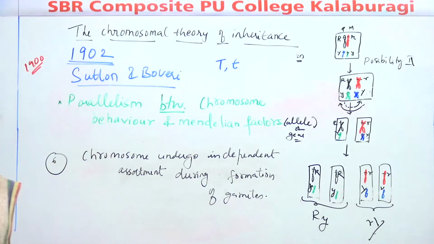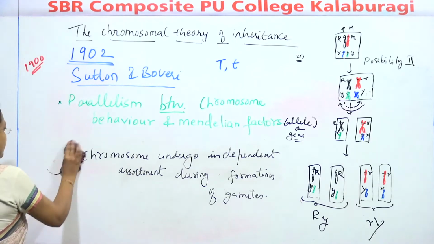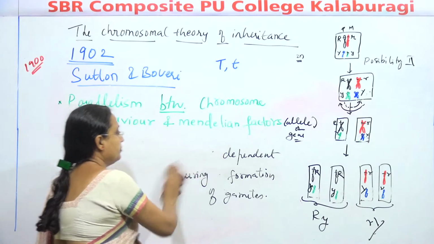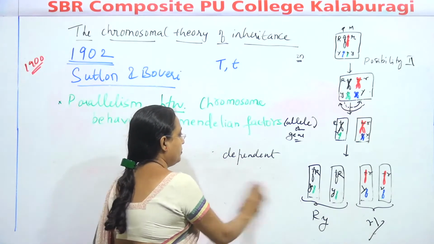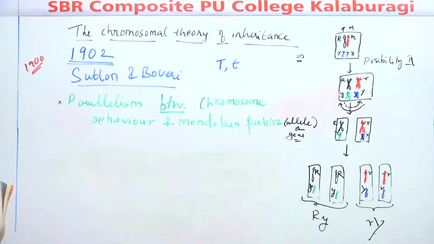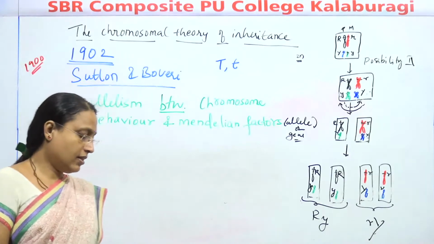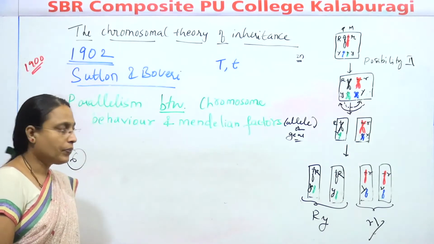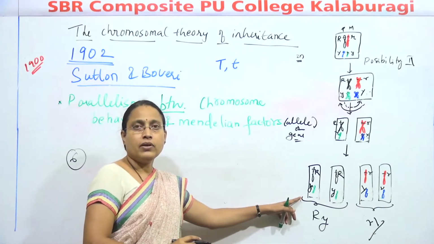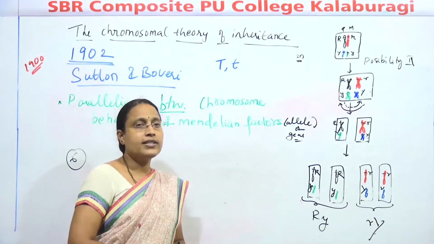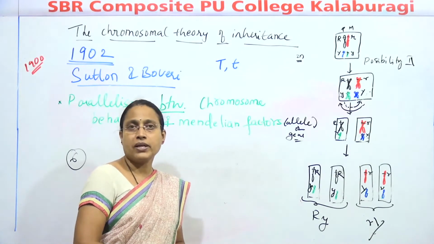Then lastly, the last point is related to haploidy and diploidy, which you can understand very easily. These gametes are haploid. When one gamete fuses with the other gamete, the zygote is formed. When the zygote is formed, there is development of the offspring.